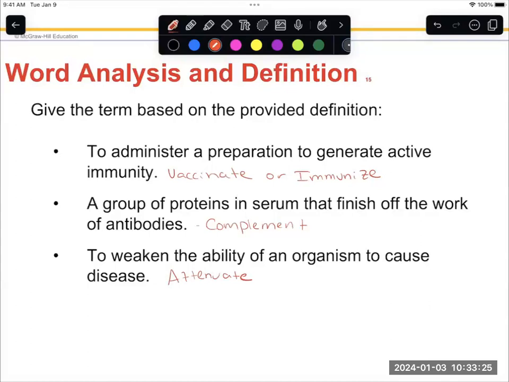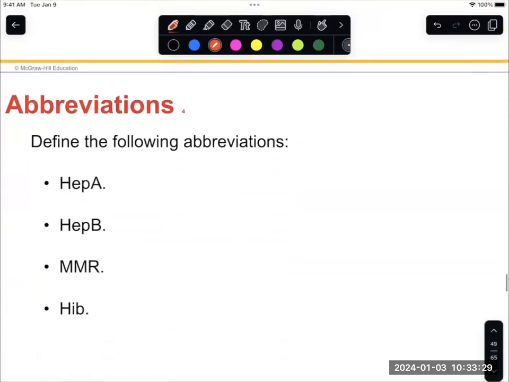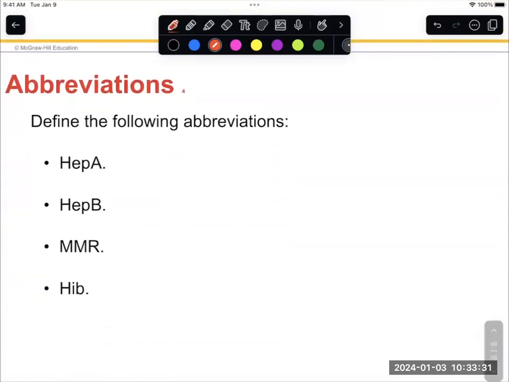Attenuate. So Hep A, hepatitis A. Hep B, that hepatitis B.